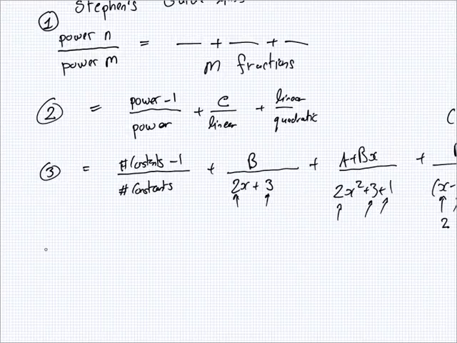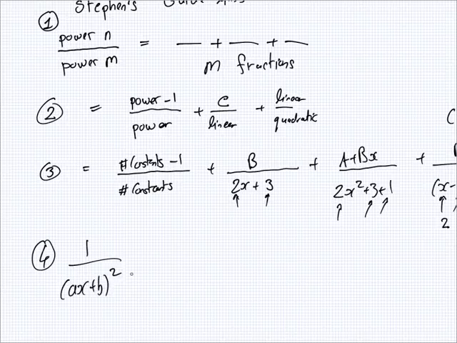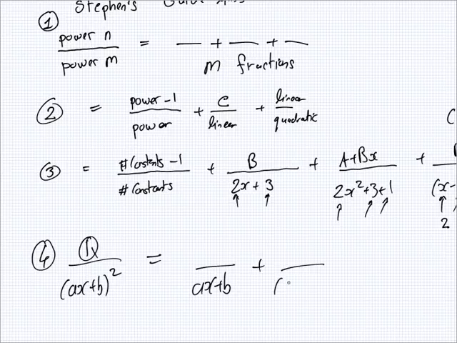And the last guideline is if in the question you have something which is repeated, like something like this with a square, you keep the linear and you also use the squared.